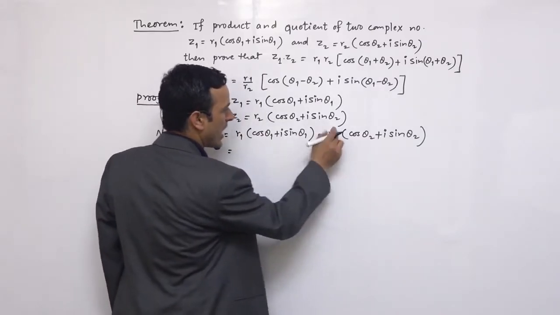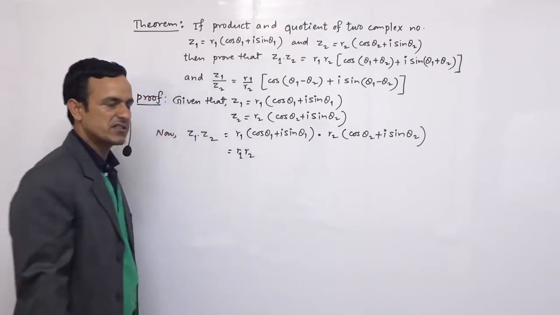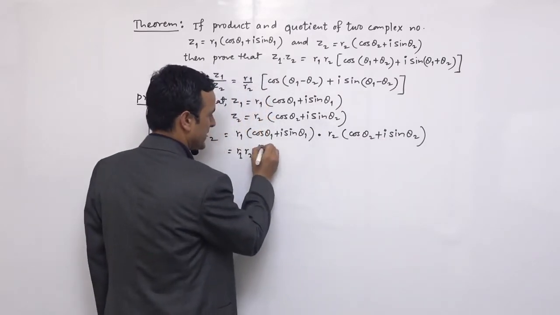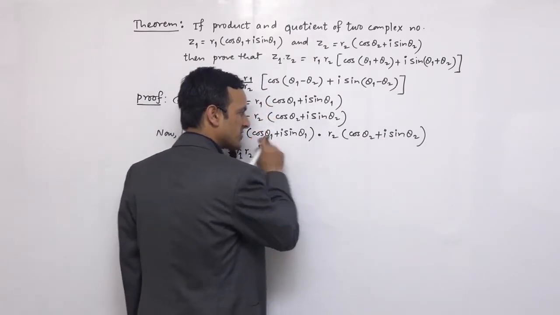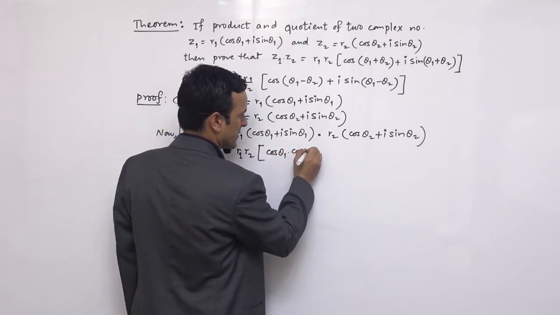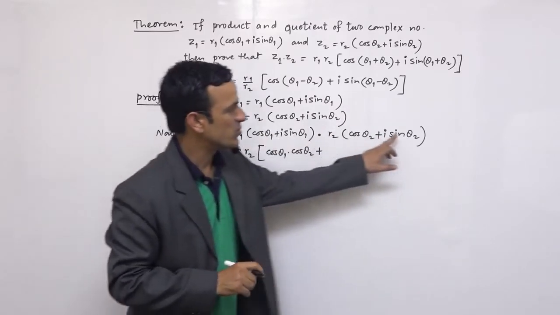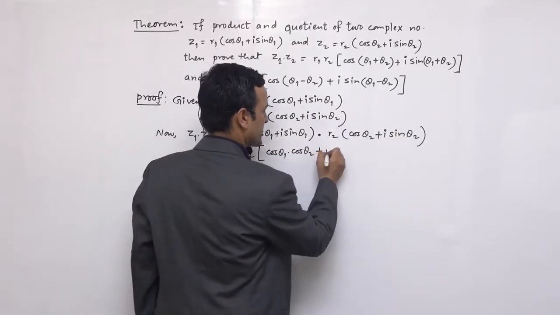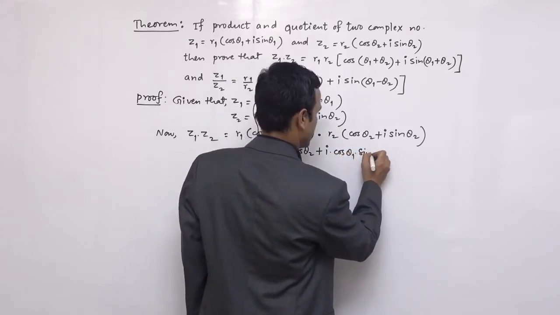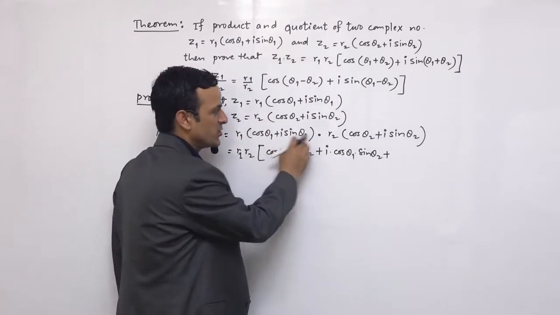Now R1 into R2 means it is R1 R2. This is R1 R2, and if you multiply this and this, it will be cos this first term into first term. That means cos theta 1 cos theta 2 plus first term into last term. So that means i cos theta 1 sin theta 2 plus. Now second term into first term.